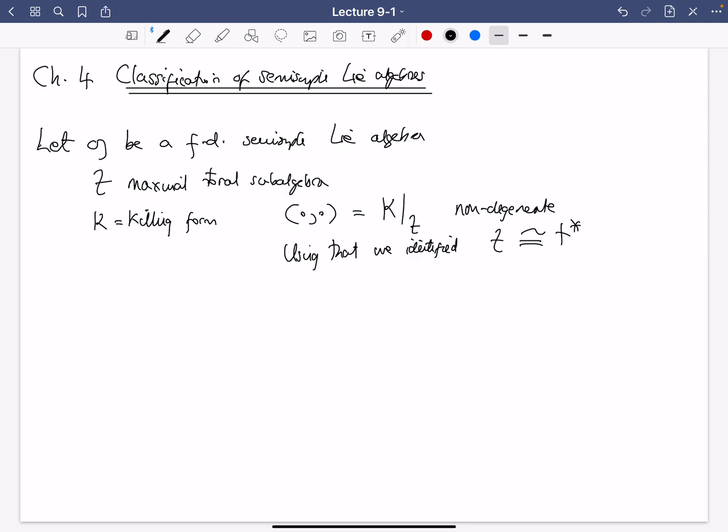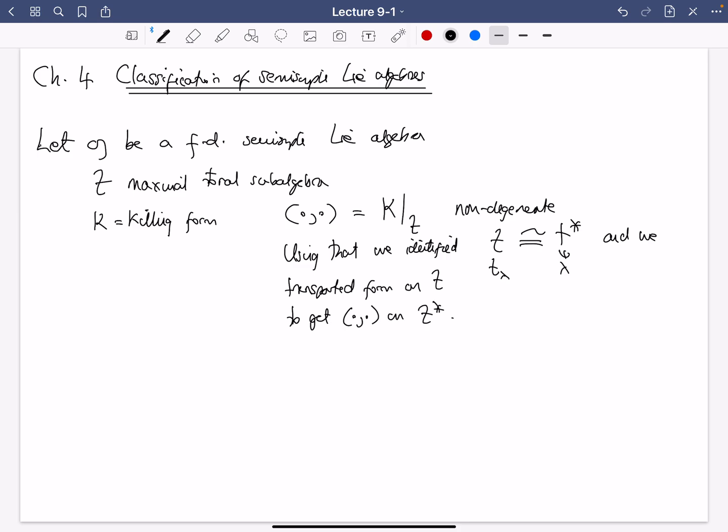And under that identification, for lambda in t star, I was just writing t sub lambda for the corresponding element of t. And we also transported the form on t to get a non-degenerate form on t star.